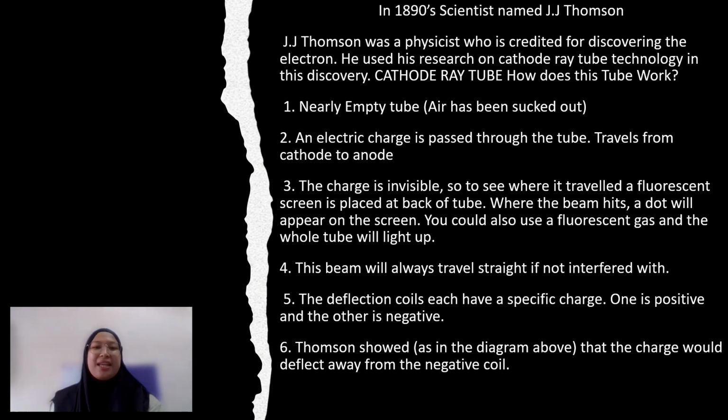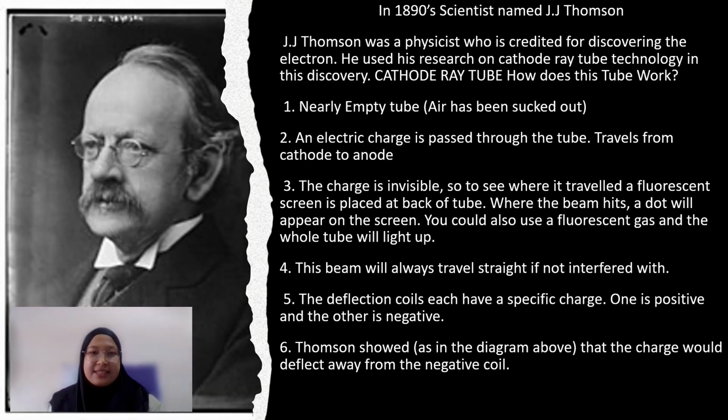So, in the 1890s, a scientist named J.J. Thomson, a physicist, is credited for discovering the electron. He used his research on cathode ray tube technology in this discovery, where he found how the electron was created.